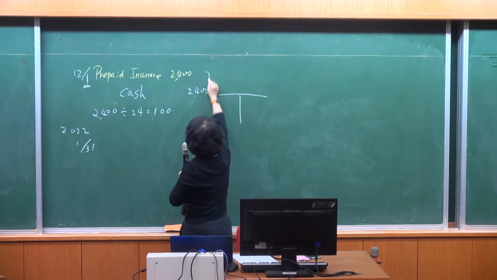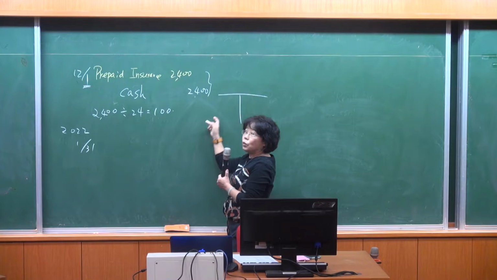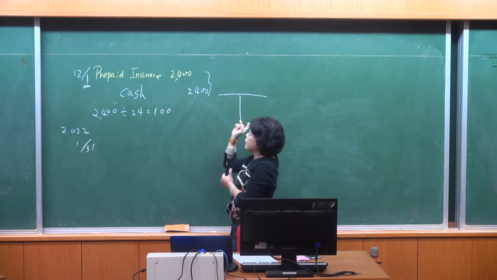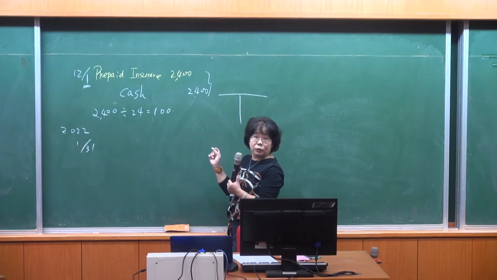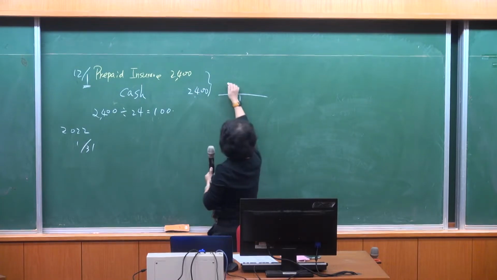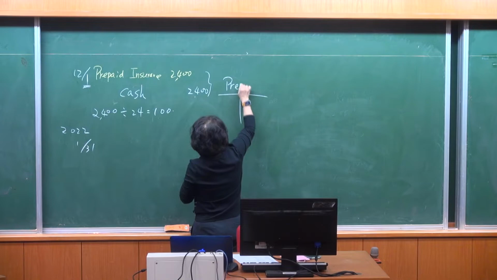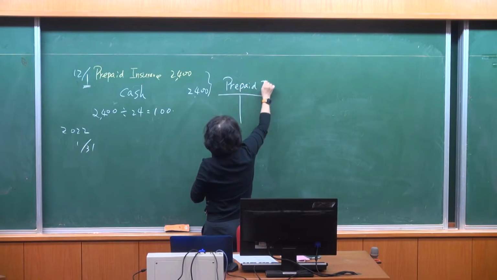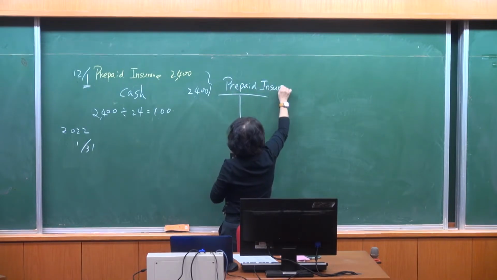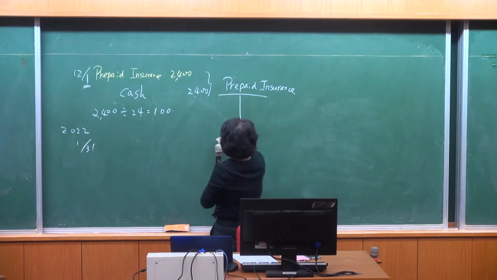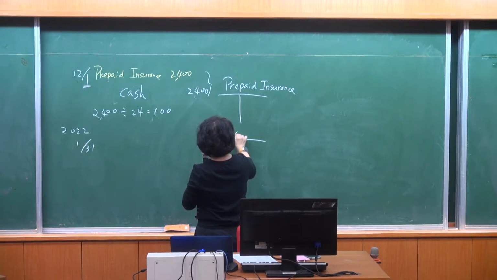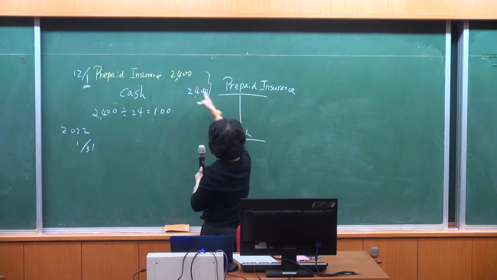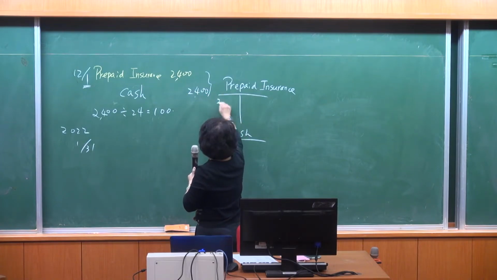Whenever you do an entry, you need to do the posting. 每一次做分录都必须过账 to the individual account, 它各自的 account. So here you have prepaid insurance. Then you pay out cash. So when you post, here is the balance.